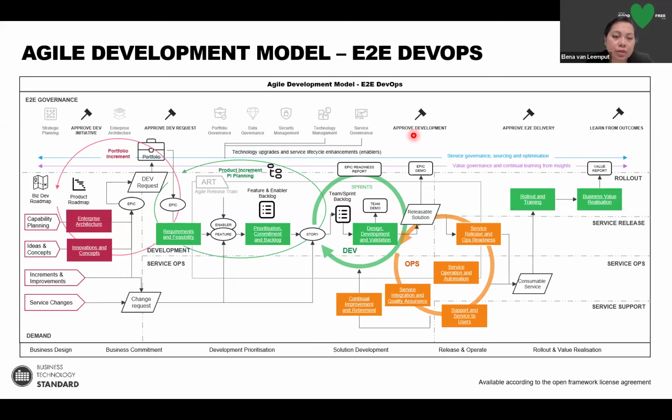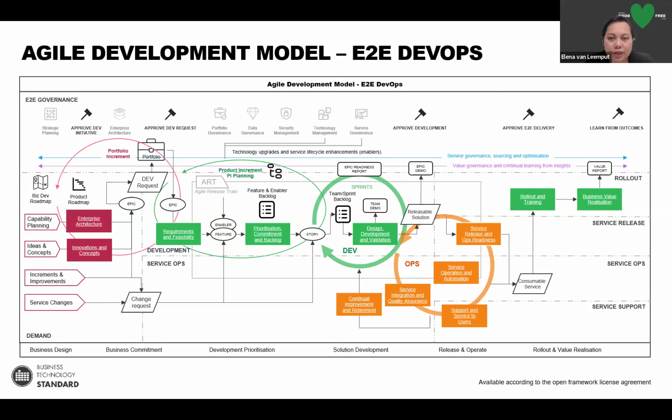Not all gates, but the ones that the value stream has a say on. And as you can see, this is also aligned with the Agile framework. So there are certain points that need approval, and with these approval points, you're able to see how things are progressing in the Agile framework. Hope that answers your question, Lotta. Yes, thank you, Elena. Good one, thank you.